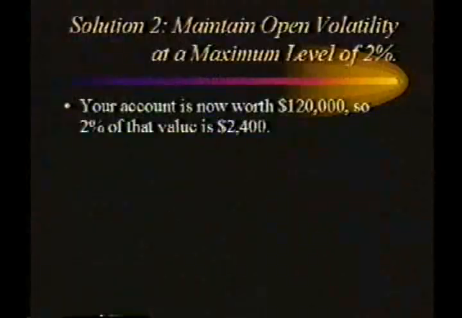Now, another method is to maintain your open volatility. Volatility is how much the stock fluctuates on a daily basis. So if this stock's fluctuating all over the place, you want to maintain the amount of volatility you're exposed to at a constant number. So you're going to say, I'm going to keep that at a maximum of 2% of my account. Your account's worth $120,000, so 2% of that is $2,400.